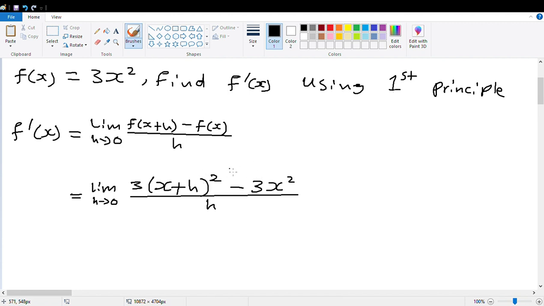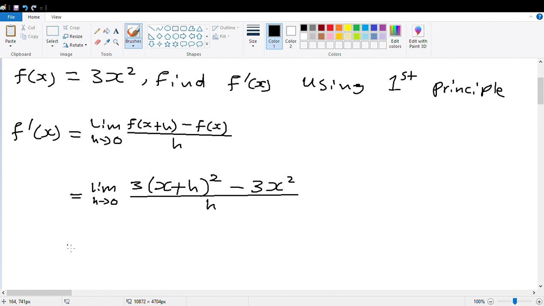So from here it's just a matter of simplifying the numerator first. As you can see, we must simplify this part that I'm highlighting here.